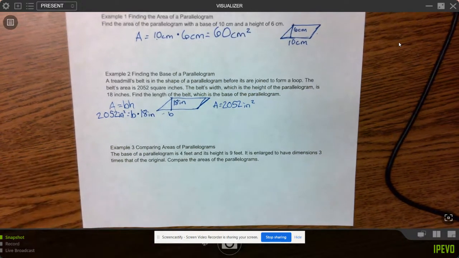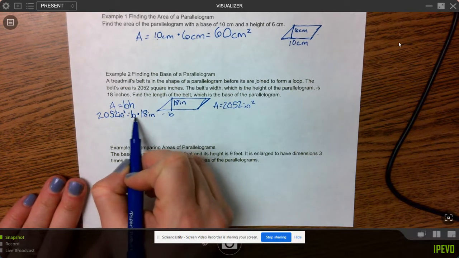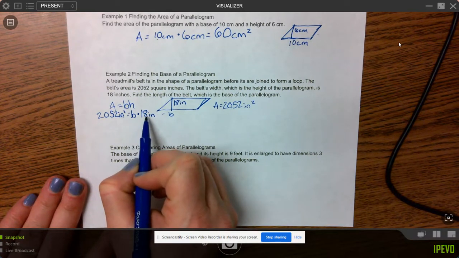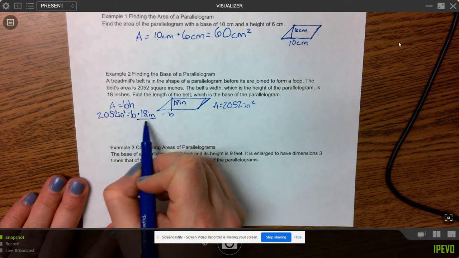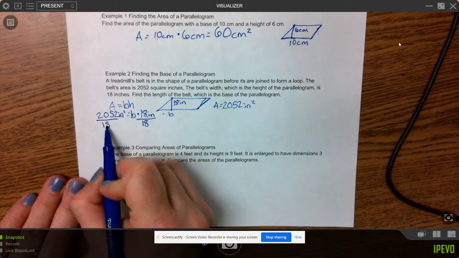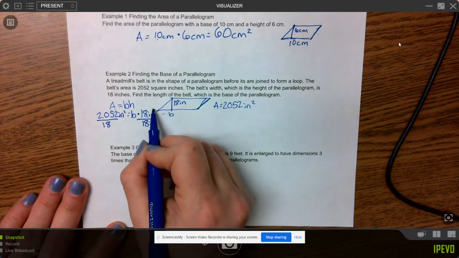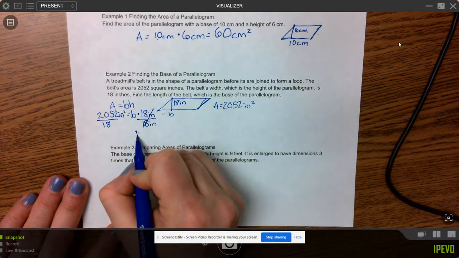Now we need to think about what we've learned in algebra on how we can get the base by itself, because we want to find just the base. Right now we're multiplying the base by a number, so to get the base by itself, we divide both sides by that number. 18 inches divided by 18 inches crosses itself off.